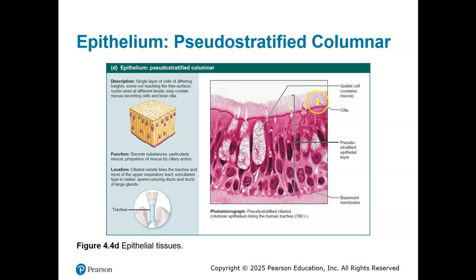This you can clearly see these cells are lined with cilia, and when you look at them under the microscope, they look like they're layered. Looks like many layers of cells, right? This is the bottom or the basement membrane, but it looks like there's different layers of cells in here. And then in between these cells, you have these cells called goblet cells that produce mucus.